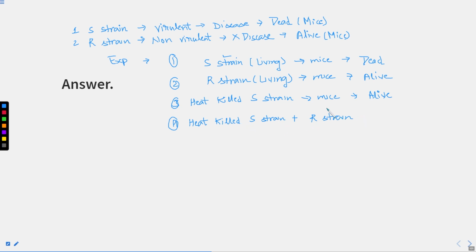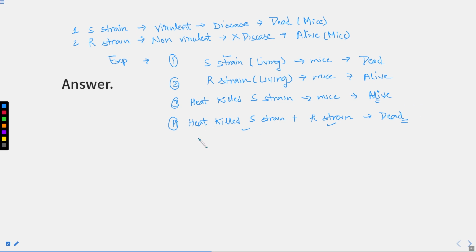He injected a combination of this, and what he observed? The R strain is non-virulent, and heat killed S strain also becomes non-virulent. So what happened here? Here, the mice was dead. Now you can see why the mouse is dead here, because only living R strain is present here and the S strain has been heat killed. So why is the mice dead?